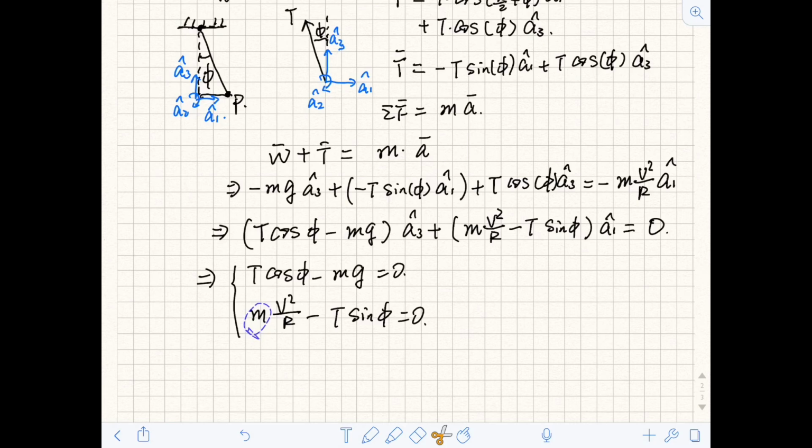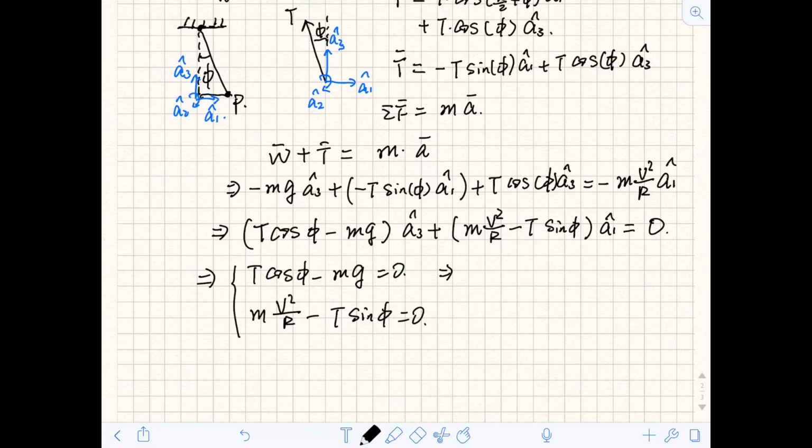So the only two variables we have are the tension and an angle. Thus we have to solve for the tension and the angle, but the problem only asks for the angle phi.